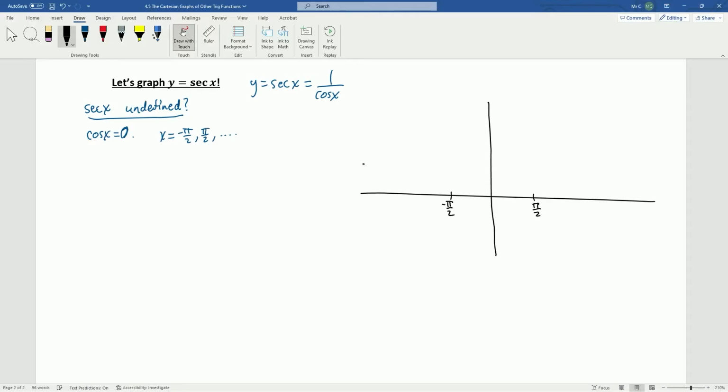So again, we know the function is undefined at pi over 2 and negative pi over 2, because your denominator is approaching 0. And the distance between these asymptotes is pi, and that tells me that every pi I'm going to get another one of those asymptotes. So I'll just draw another one out here.